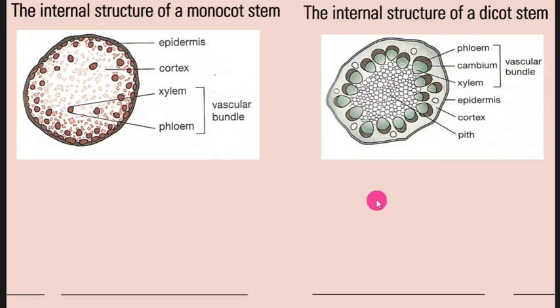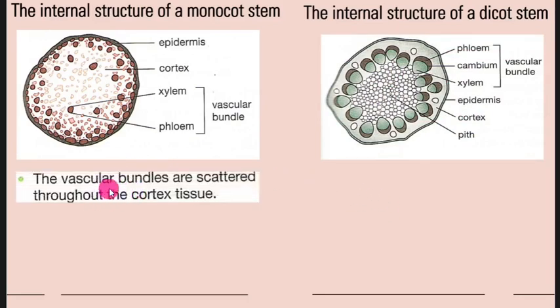All right, so you see that the vascular bundles are scattered throughout the cortex. The vascular bundle, guys, to remind you again, consists of the xylem and the phloem. So they are scattered here throughout what?